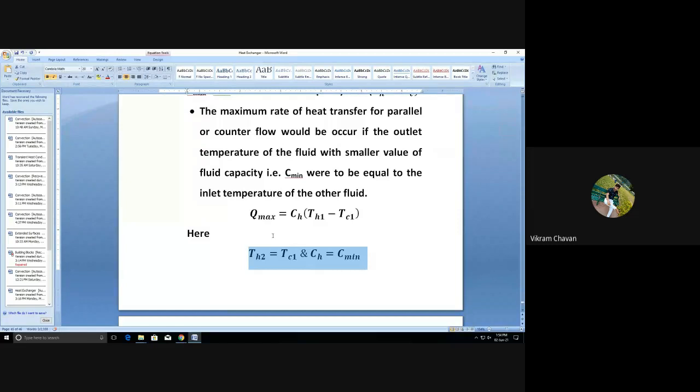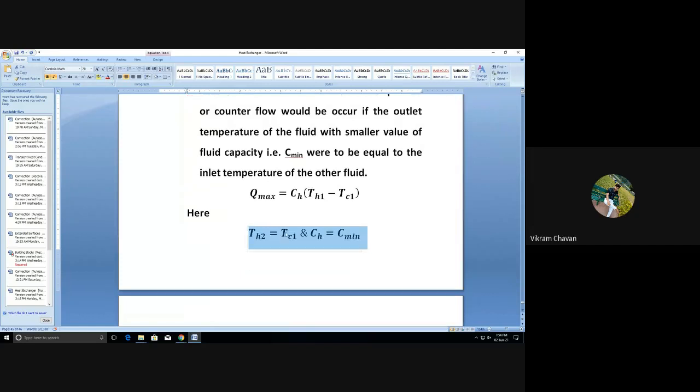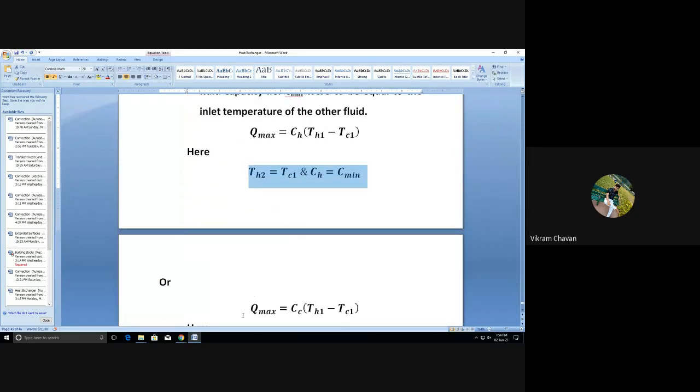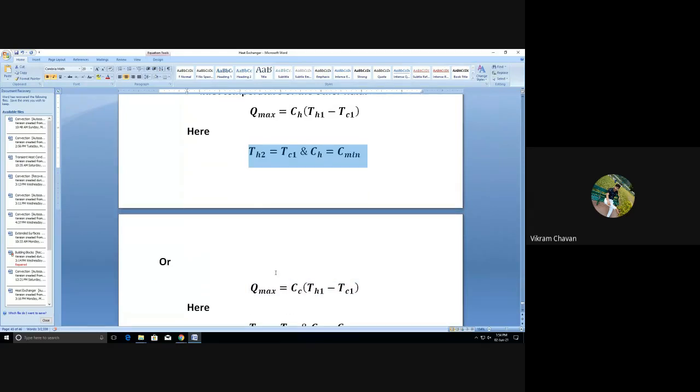Okay, then or also we can write, if you are getting Cc equal to C minimum, in that case Q max is equal to Cc inside bracket Th1 minus Tc1.